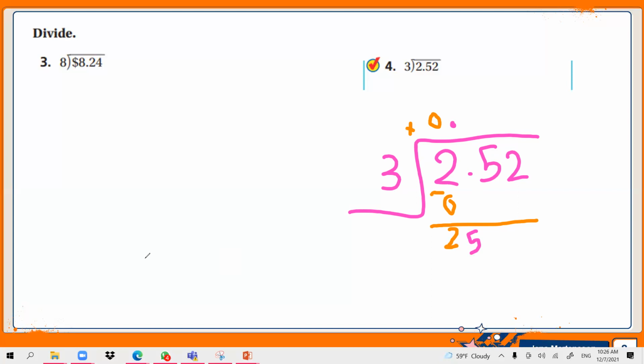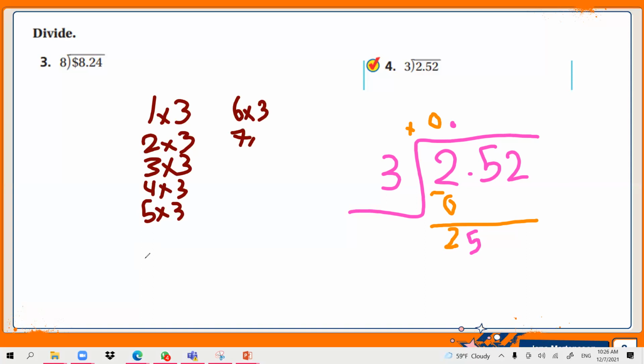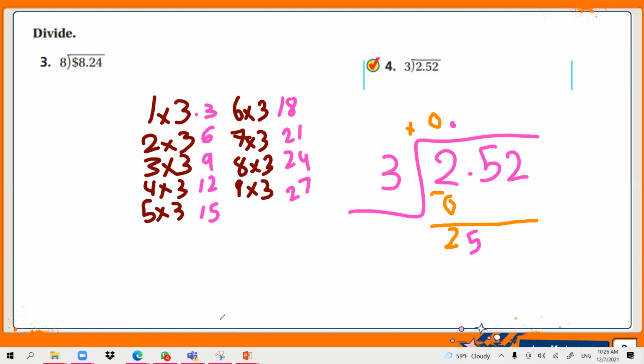How can I know? You will write the multiplication table of 3. You will say 1 times 3, 2 times 3, 3 times 3, up to 9 times 3. Then you will write the answers: 3, 6, 9, 12, 15, 18, 21, 24, and 27.